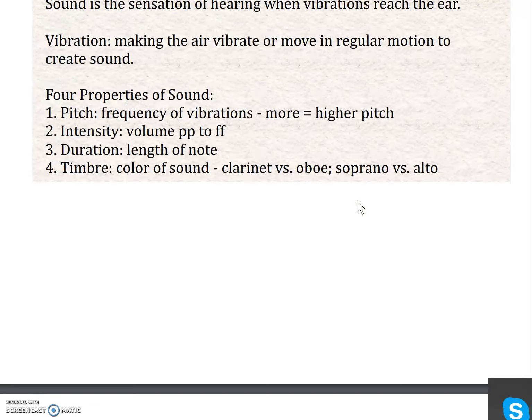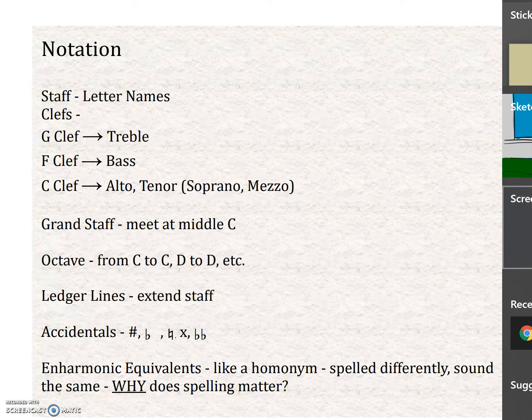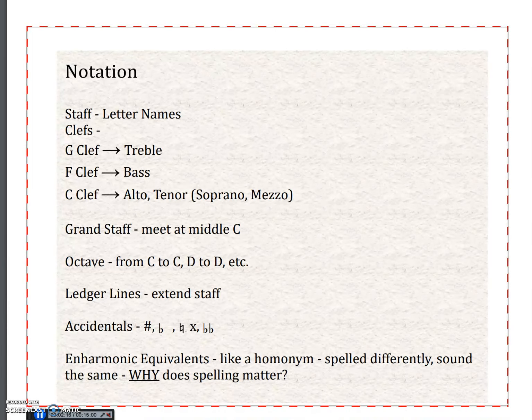Okay, so let's go on to the next slide. We're going to jump around between a staff and this slide. So, notation, clefs. A G clef is also known as a treble clef, and it looks like this. And primarily this little swooshy is what is wrapping around the G line.